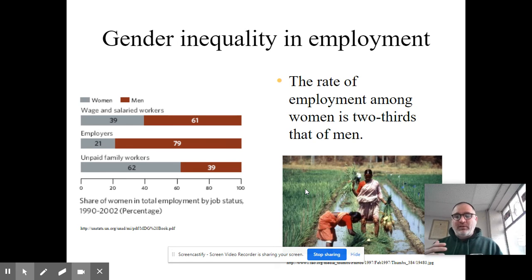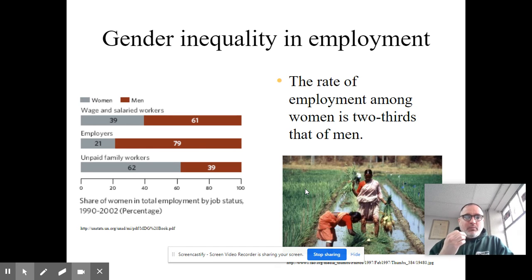So yes, we may say we value those things, but when we value something, we pay for something, right? And so there's a dichotomy there. I think for us to focus on and think about is, what does it really mean to value something? You look at wage and salaried workers, 61% of those are men.